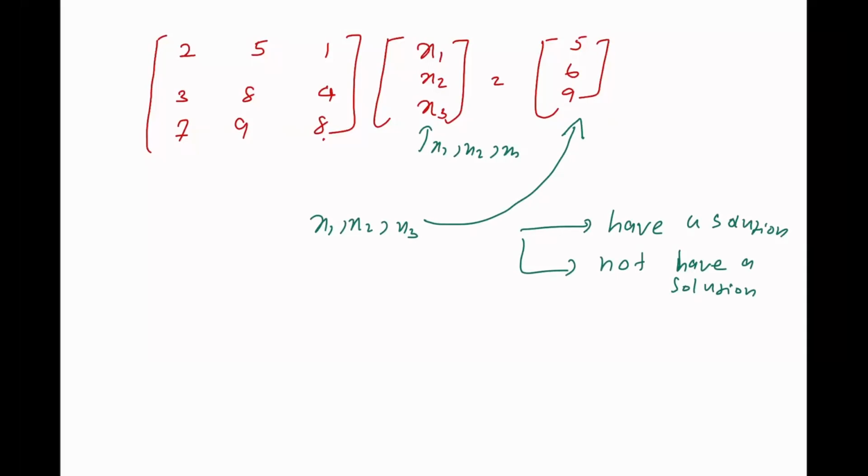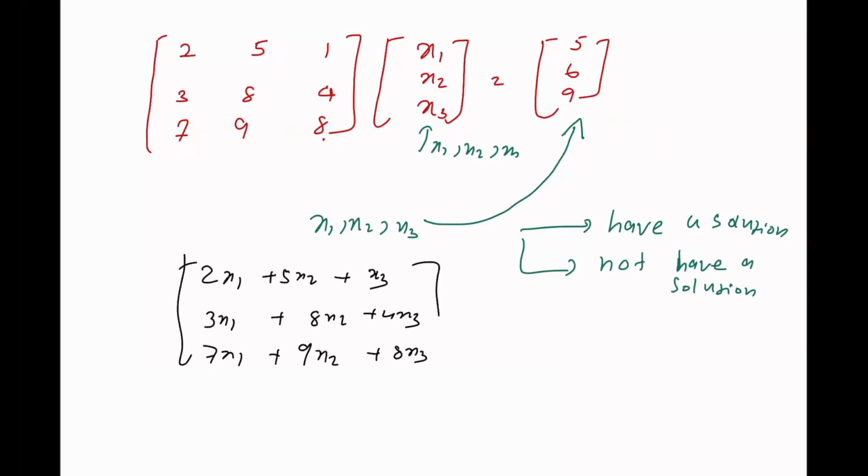Let's say, you know, the expansion of these vectors, you can write this as 2x1 plus 5x2 plus x3, right? And also you have 3x1 plus 8x2 plus 4x3. And also we have 7x1 plus 9x2 plus 8x3.